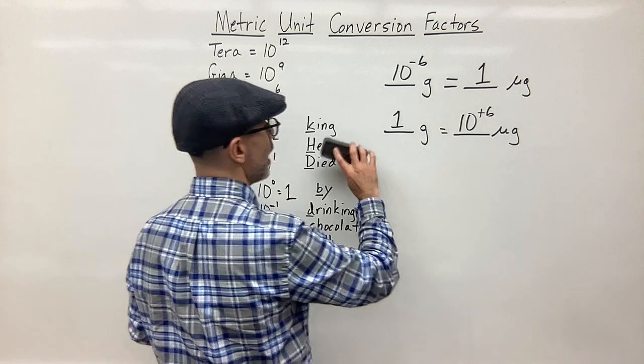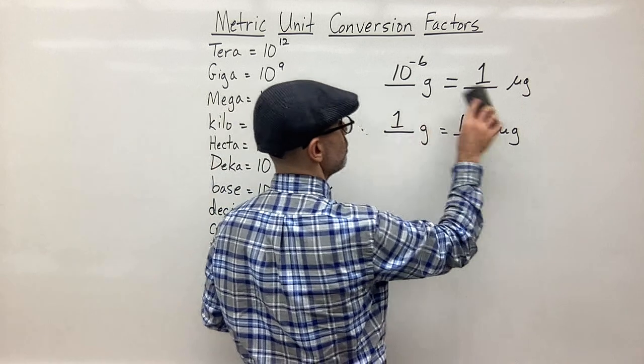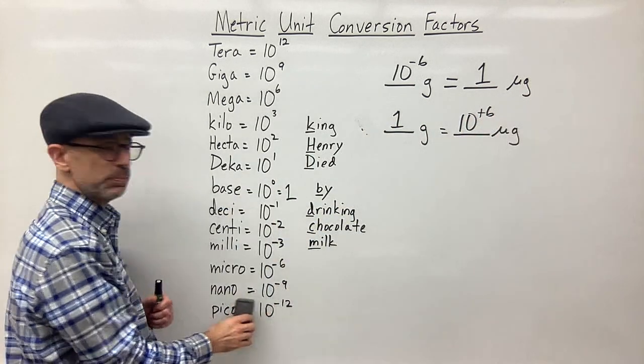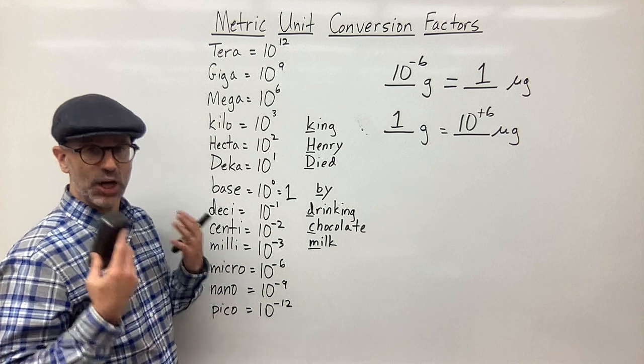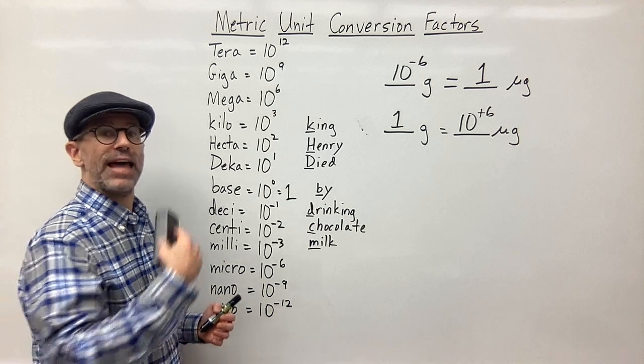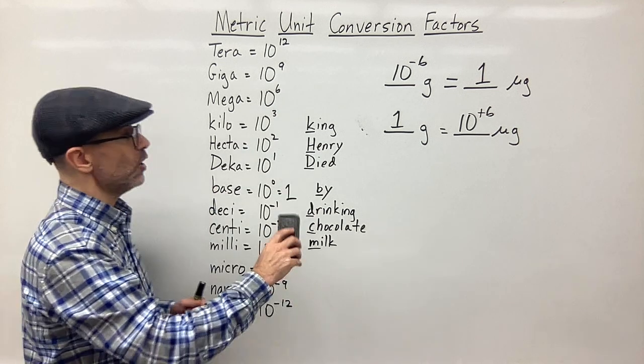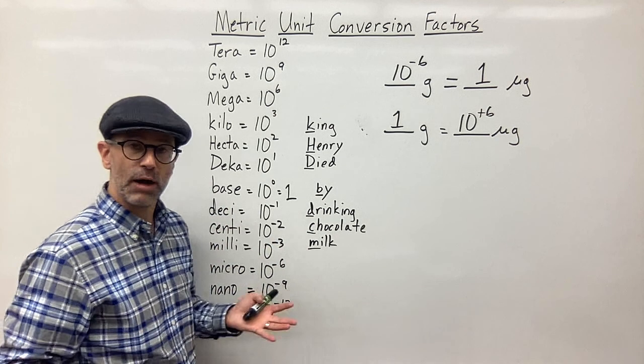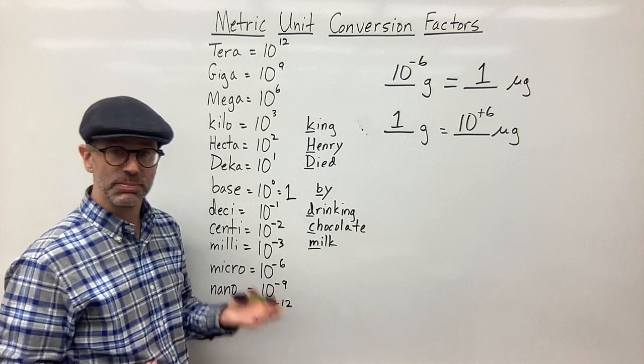And so my way is I always put the 1 with the prefix, and then I find the multiplier, or if I memorize these, I know what the multiplier is, and I put that with the base unit, right? And then that way I don't have to worry about changing the sign of the exponent, right?